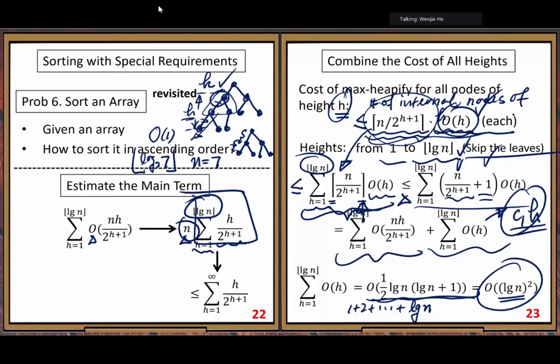So we enlarge the upper limit to infinity.